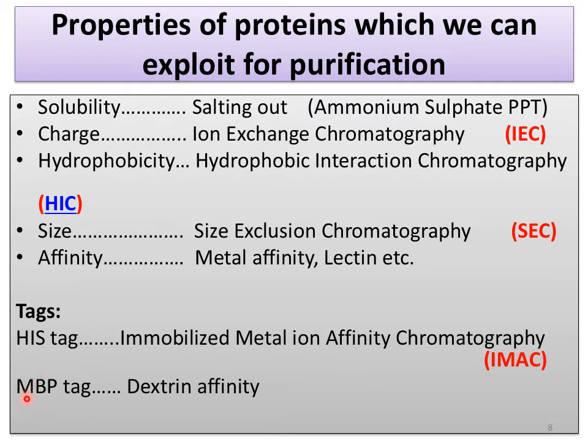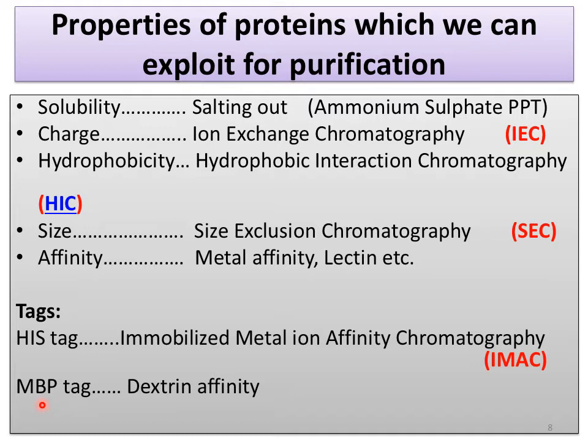Another important type of tag is the maltose binding protein. It is a protein which binds to the carbohydrate maltose, and this tag, MBP, could be appended to the protein of interest through the process of gene cloning.